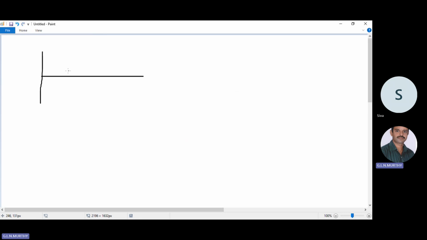A flat top sampled PAM, say it is like this, which is obtained through a sample and hold circuit. They must have the same width.